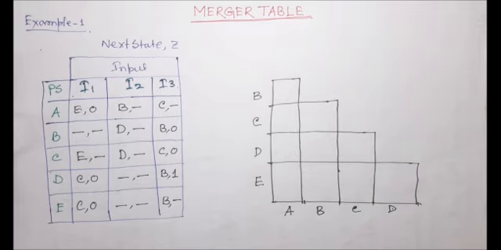And the incompatibility of two states is recorded by placing a cross.